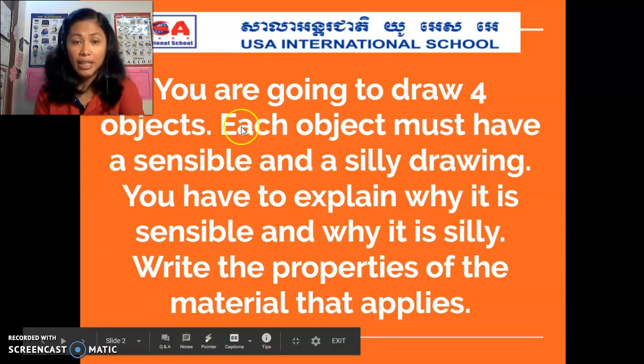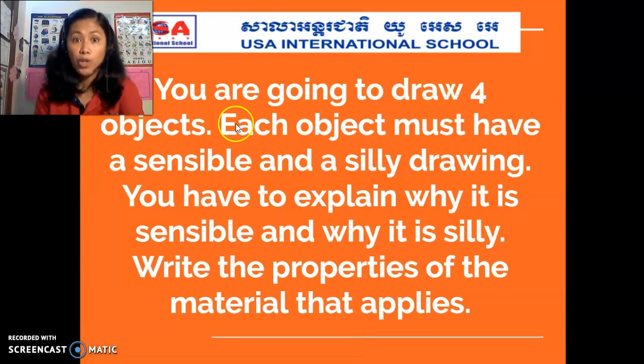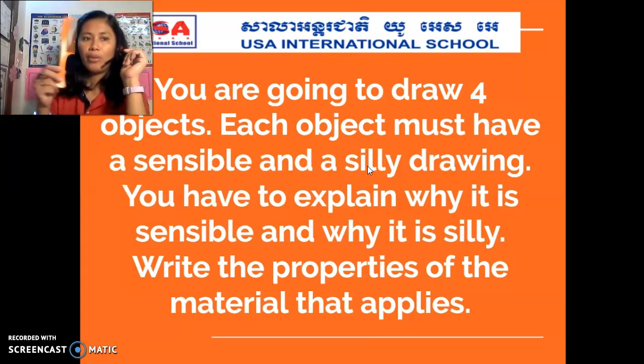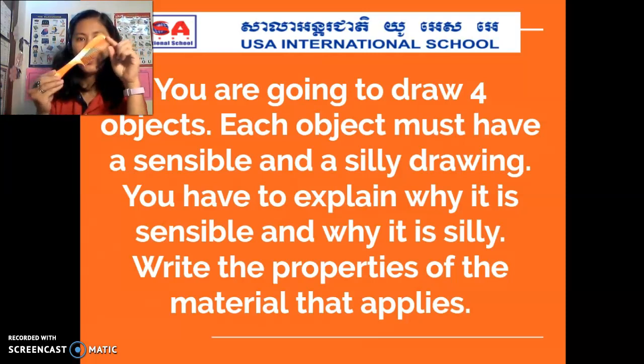So for your project, again, you are going to draw four objects. Each object must have a sensible one, make sense, and a silly one, make fun of it. Like, for example, this comb. This comb is made of plastic. And why is it sensible?